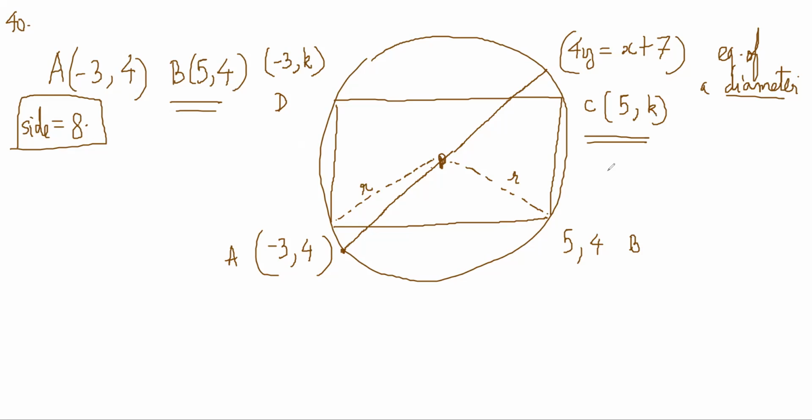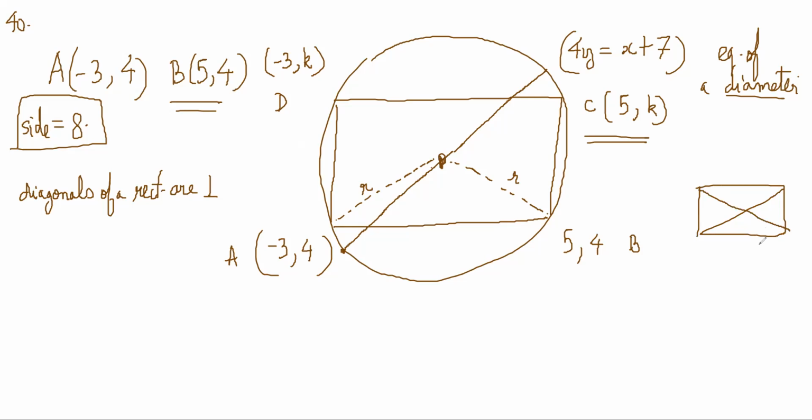I also know that diagonals of a rectangle are perpendicular to each other, right? Are they? No, that is rhombus. Diagonals of a rectangle are not perpendicular.